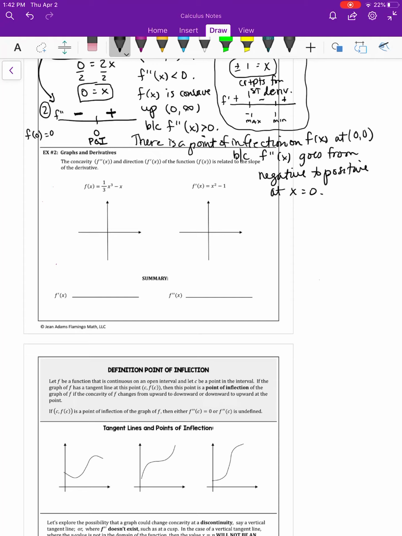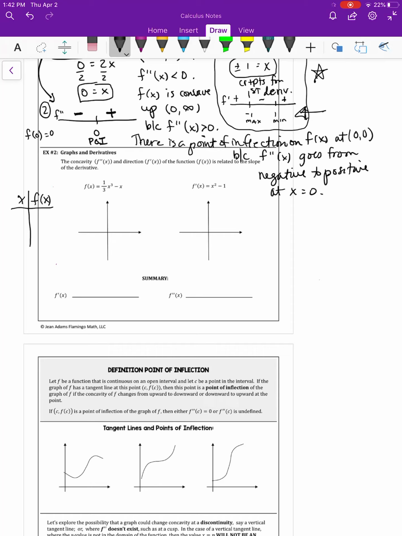Okay, so they want you to graph f of x and graph f prime of x. And so what I did here is I just made a little chart. And since I knew up here that my critical points were -1 and +1, and that I had a maximum at -1 and a minimum at +1, I'm looking right here to get that.